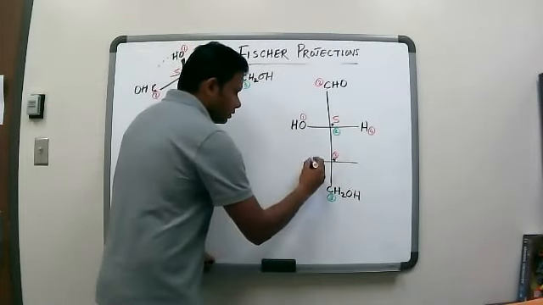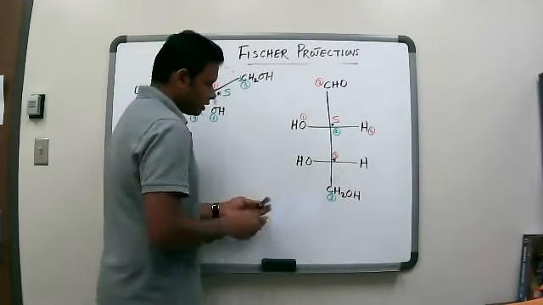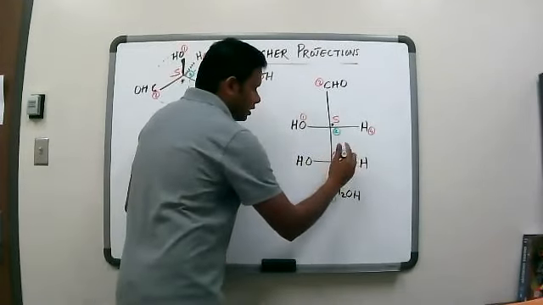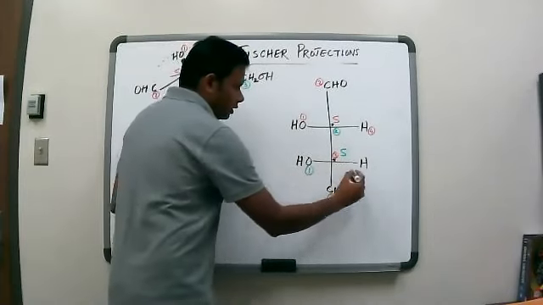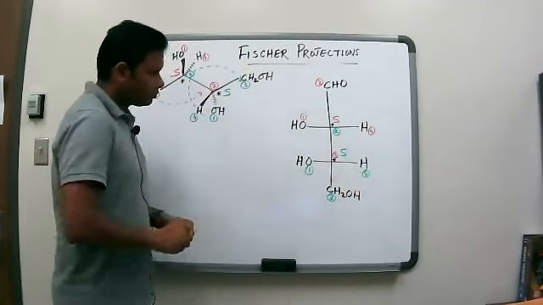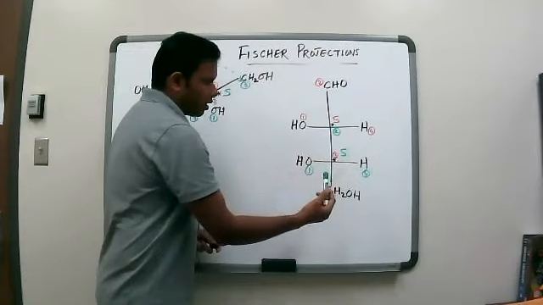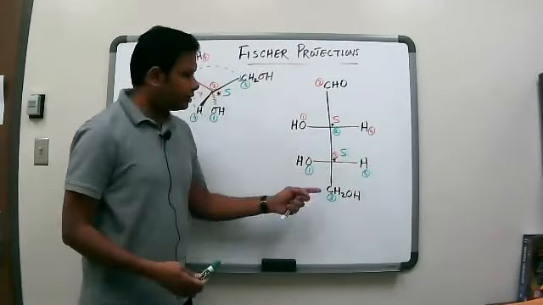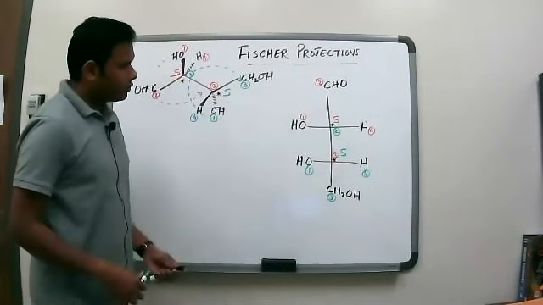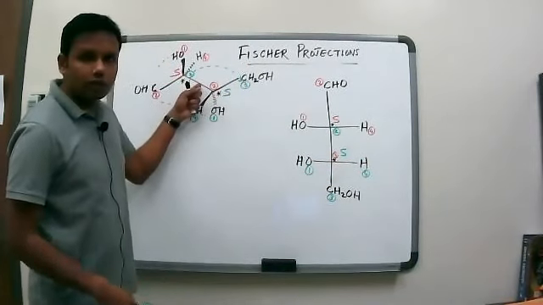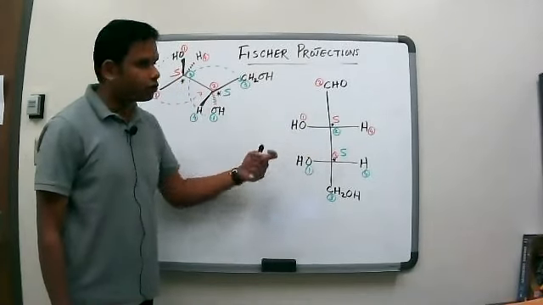So putting the hydroxyl on the left-hand side and the hydrogen on the right-hand side would give us the S configuration. So this is 1 and this is 4. So 1 to 2 to 3 clockwise R, but hydrogen is on a wedge, so it is S. So we got the right configuration. So we basically converted this wedge and dash drawing into a Fischer projection right now. That is what we've done here.